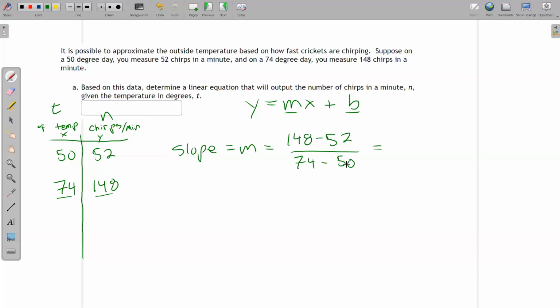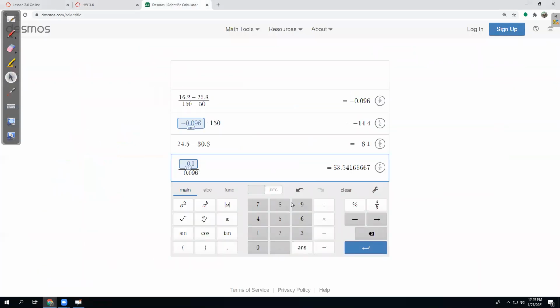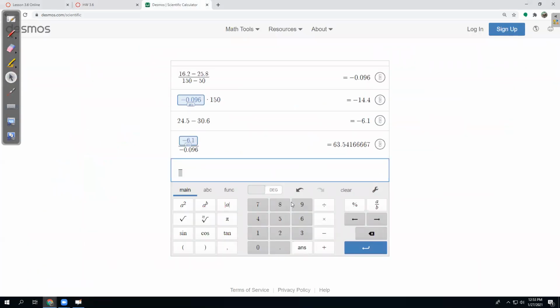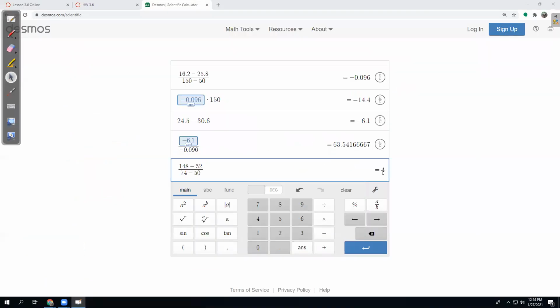And I don't really need the numerator and denominator separately, so I'm just going to type it into my calculator as is. So fraction 148 minus 52, and then 74 minus 50. I think I typed those correctly. Yeah, looks right. And I think the calculator said it was 4.